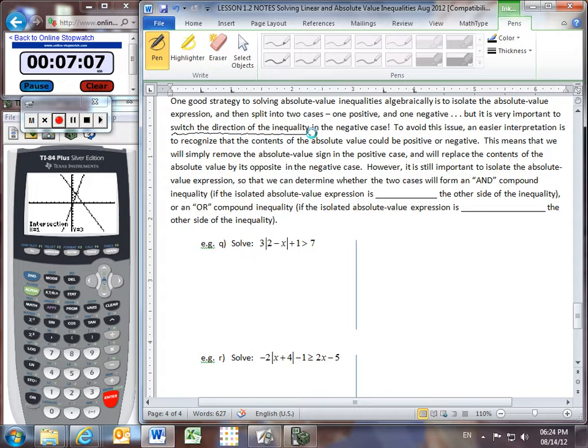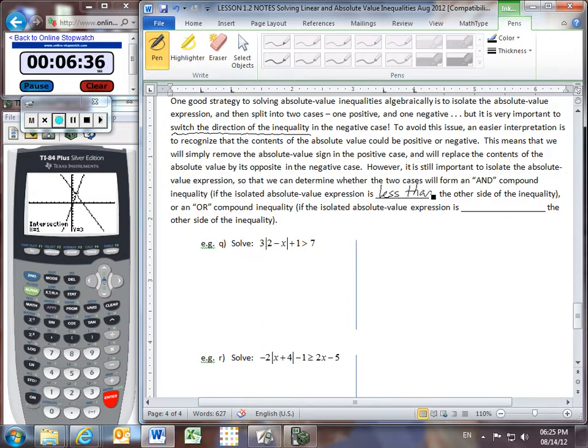Let's do example Q. Oh, whoops, I need to fill in a couple of blanks, don't I? It's important, nevertheless, to isolate the absolute value expression so we can decide whether the positive and the negative cases that we get form an AND situation or an OR situation. We're going to get an AND inequality if the isolated absolute value expression is less than the other side of the inequality.